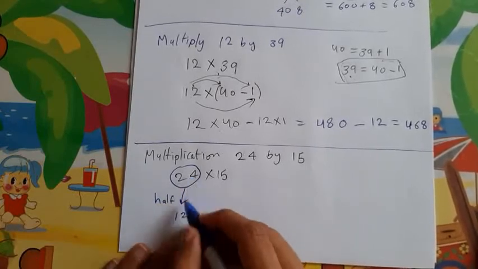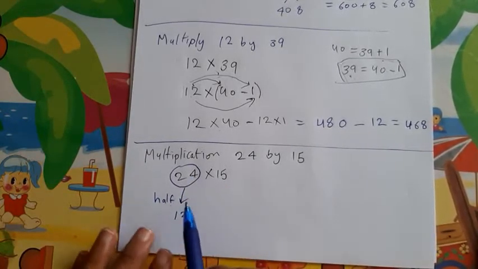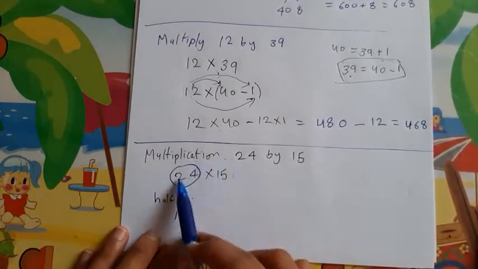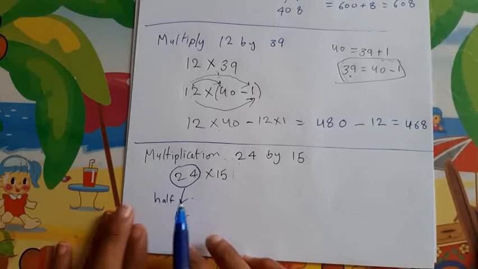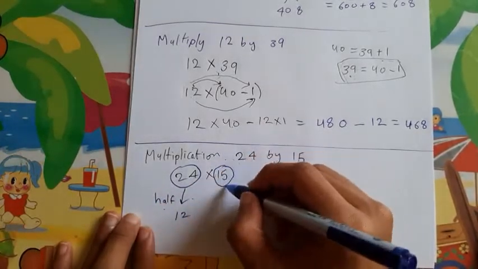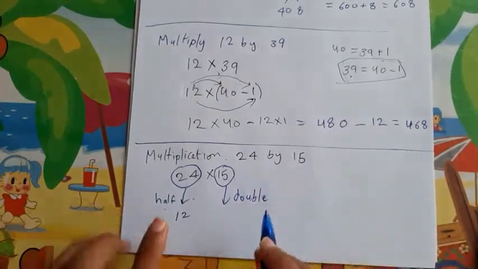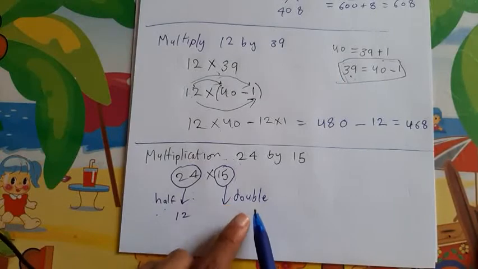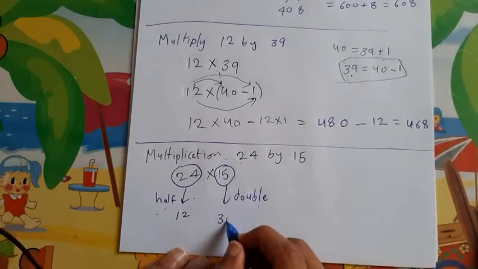But this is going to affect my calculations if I keep it like this. So because I halved this, I need to double this. So halving will cancel the doubling. So double 15 is 30.